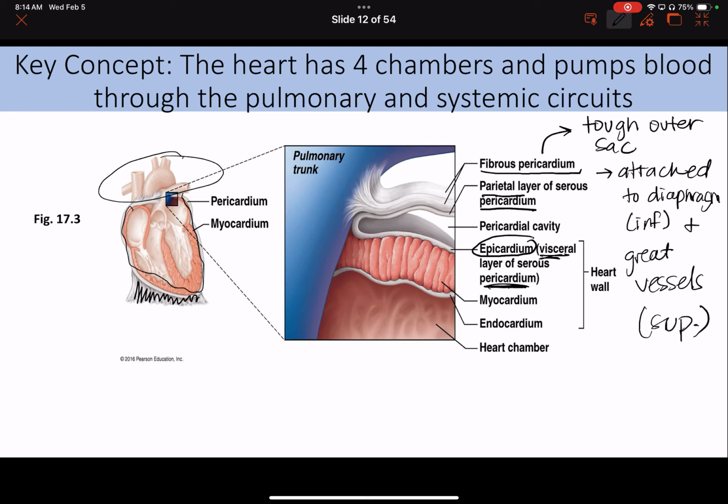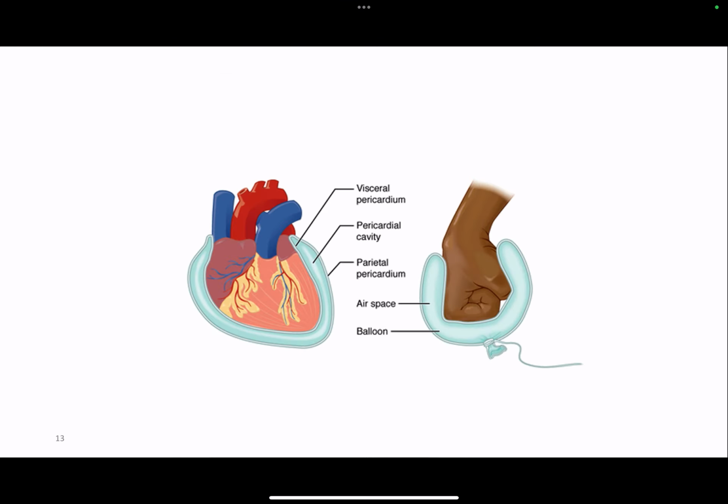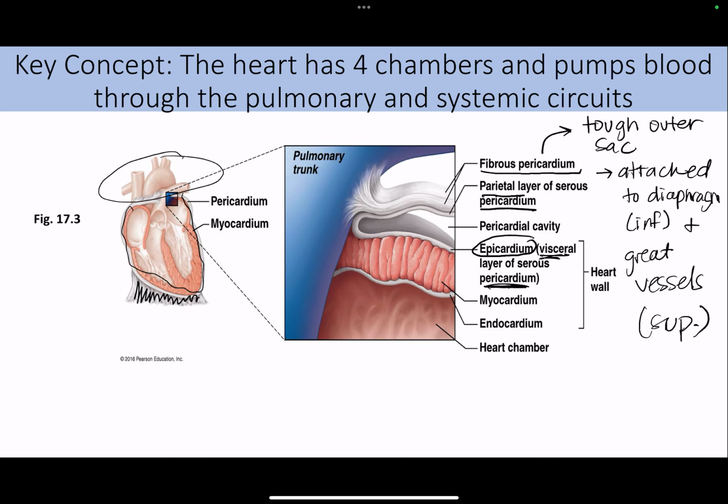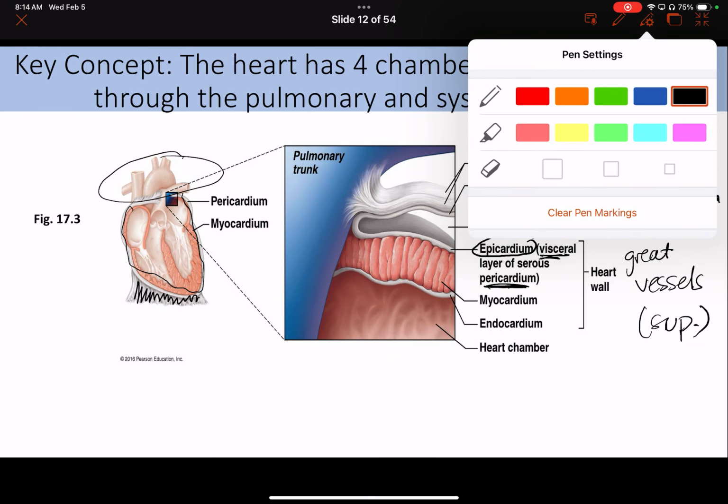So imagine, do I have it somewhere? No, I don't. I don't think I do. Yeah, okay, I'm going to go back. So I'm going to draw this out for you. So we have the fibrous pericardium.